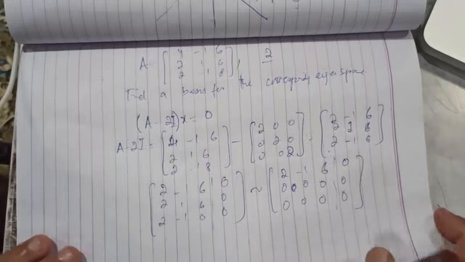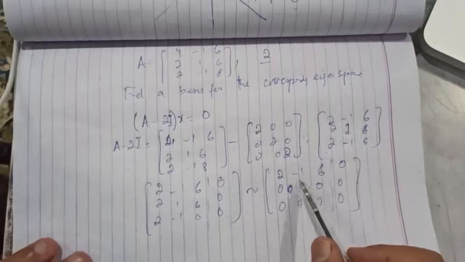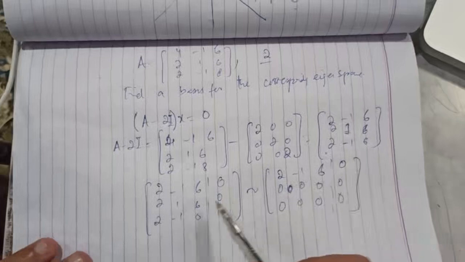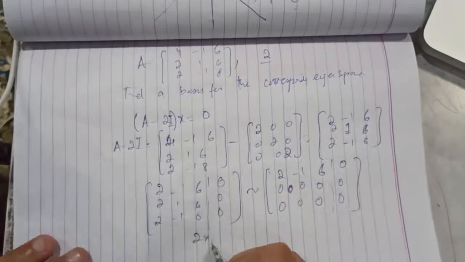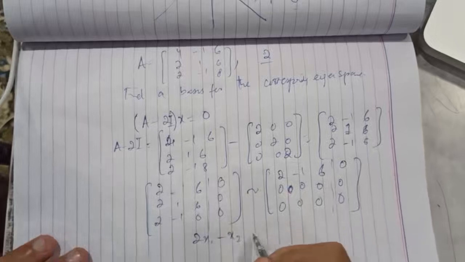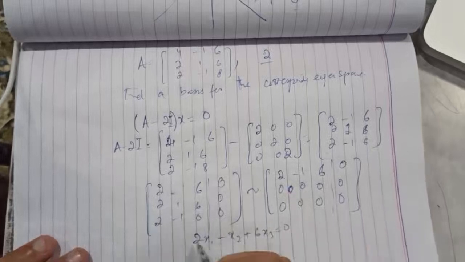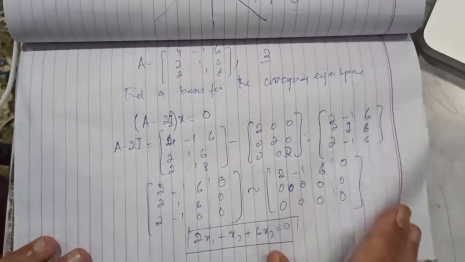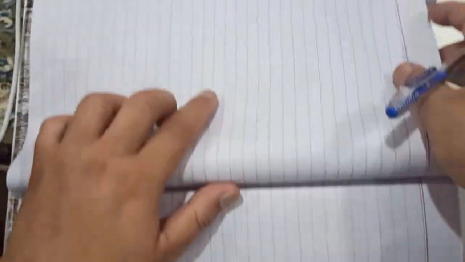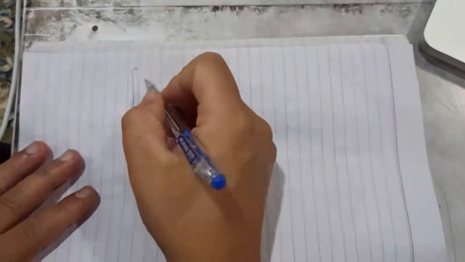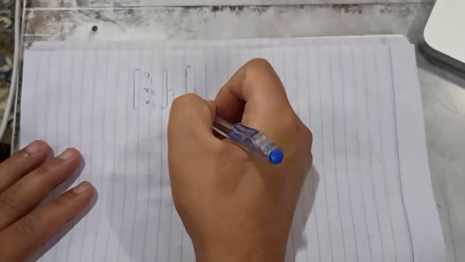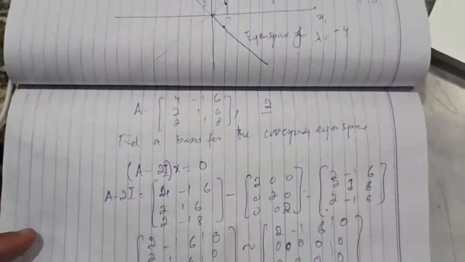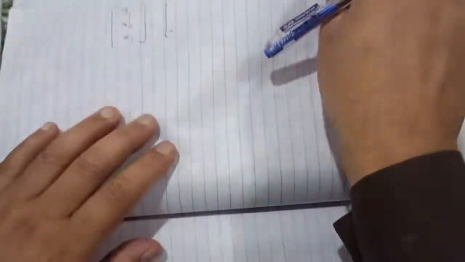So we can see here that we have two free variables, and in this case we have 2x1 minus x2 plus 6x3 equal to 0, and I can find the basis for this. I can write this equation purely in terms of x1, which is minus 1 by 2 times x2 plus 3x3.